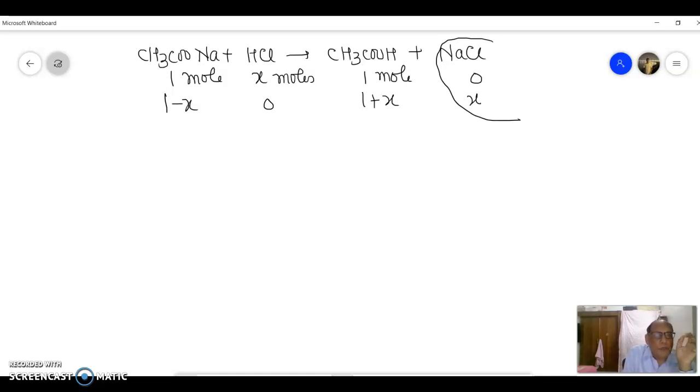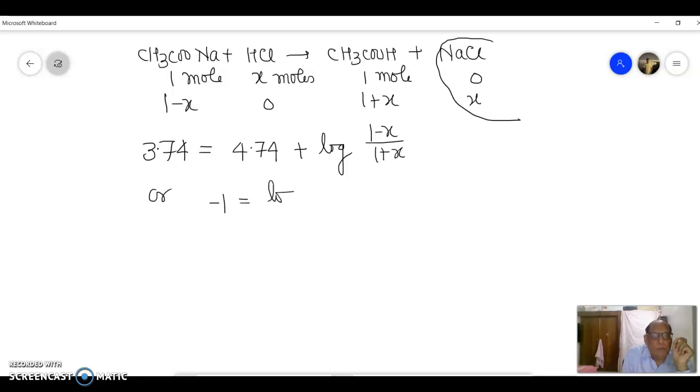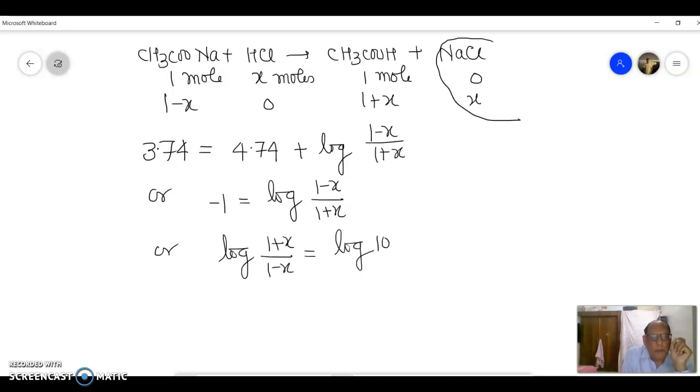Therefore, we can use Henderson-Hasselbalch equation as 3.74, the new pH, equal to pKa, that was old pH 4.74, plus log salt upon acid. Salt is 1 minus x. Acid is 1 plus x. Or we can say minus 1 is equal to log of 1 minus x upon 1 plus x. Or log of 1 plus x upon 1 minus x is equal to log 10.